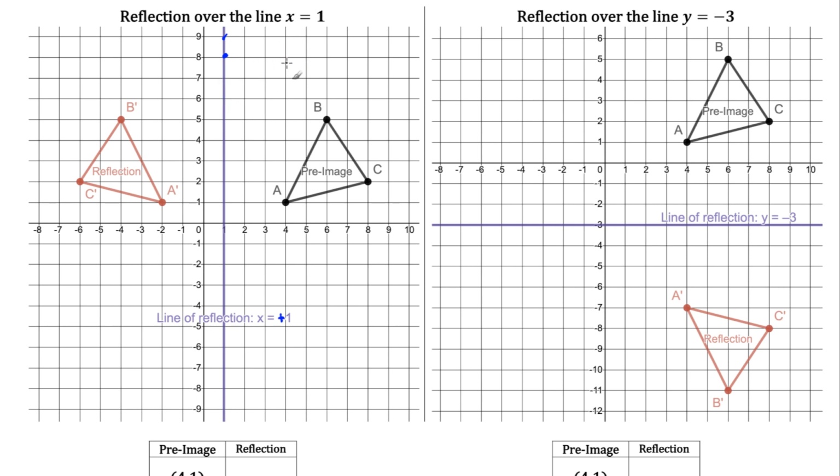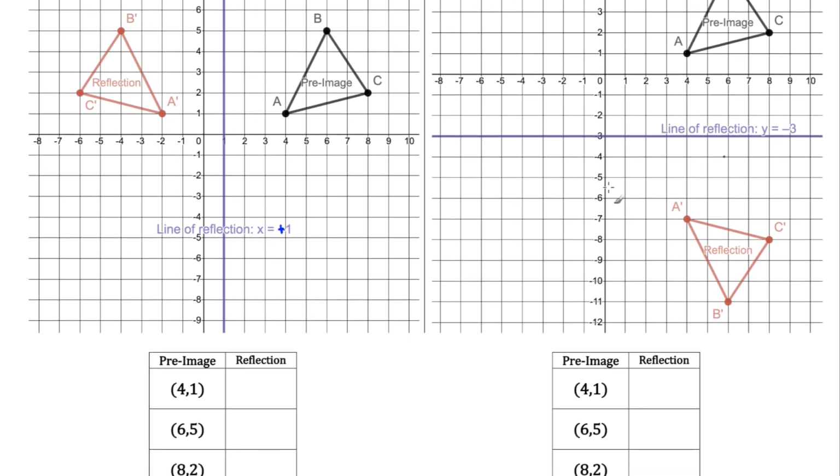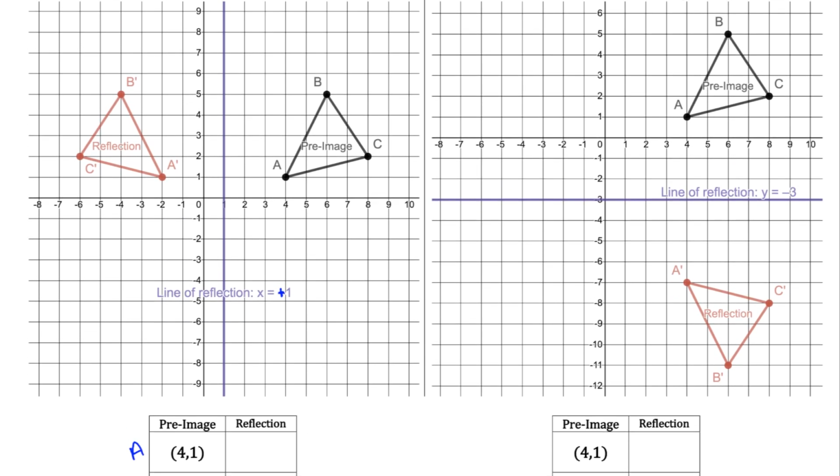So, if I flip, well, let's go down here first. A, B, C. So, A was at 4, 1. I'm flipping it over this line, and it becomes -2, 1. This is going to be a little strange.